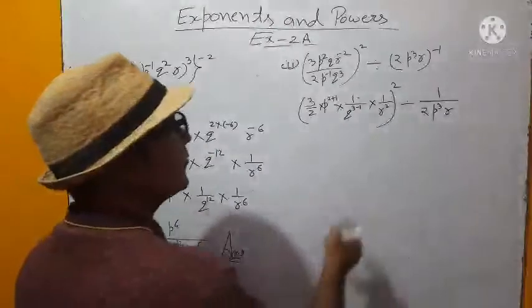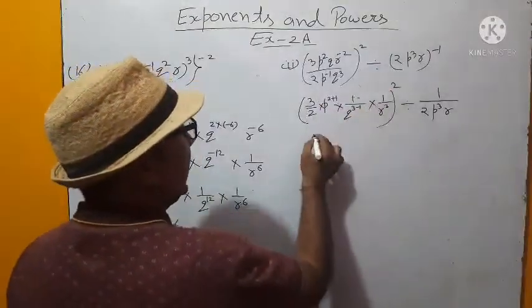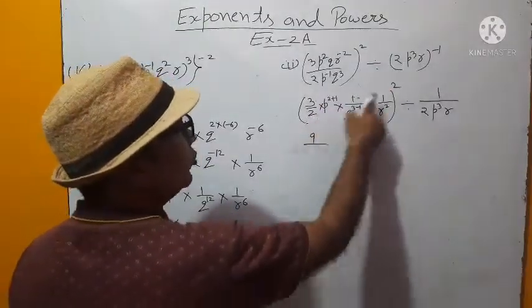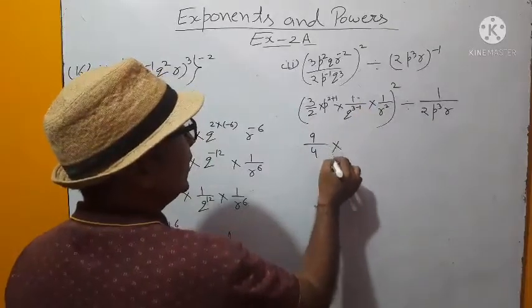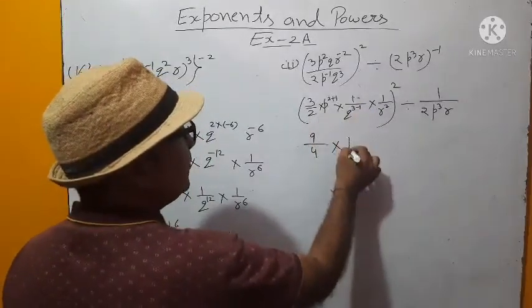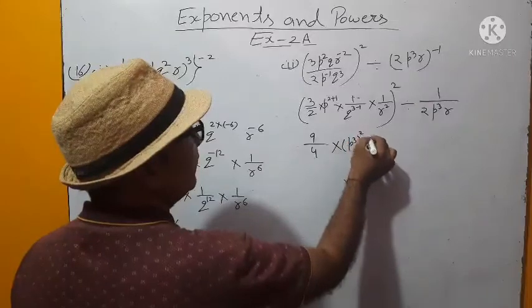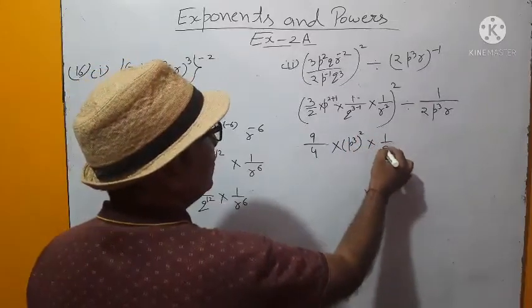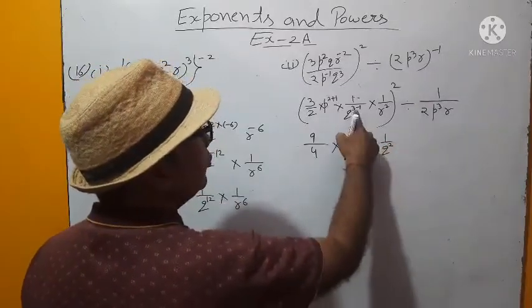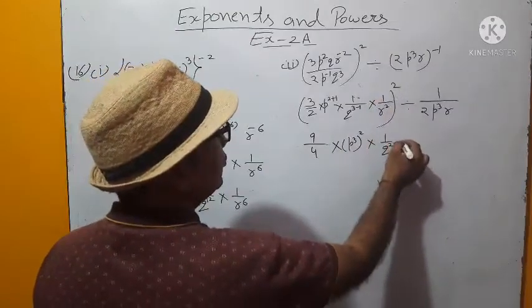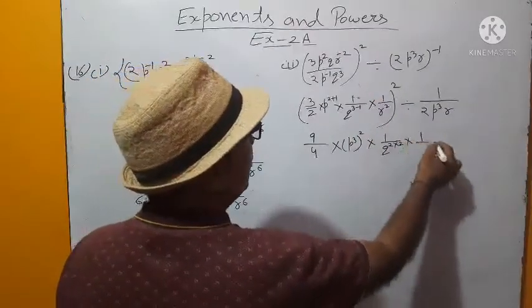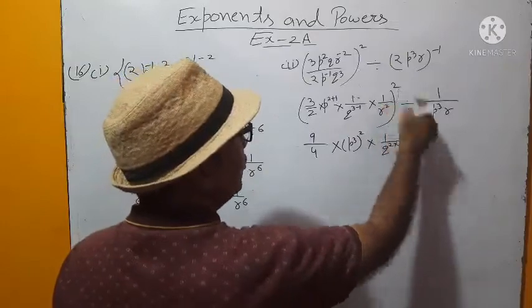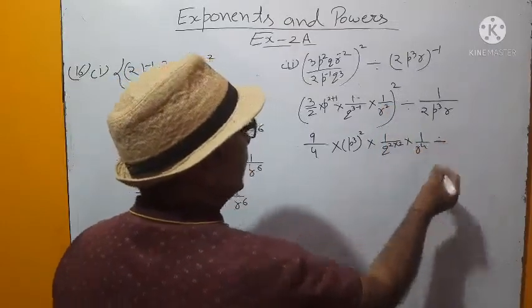Now after this, 3 square is 9, 2 square is 4 into p power 3 whole power 2. 1 upon q power 2 multiplied by 2 into 1 upon r square whole square is r power 4.